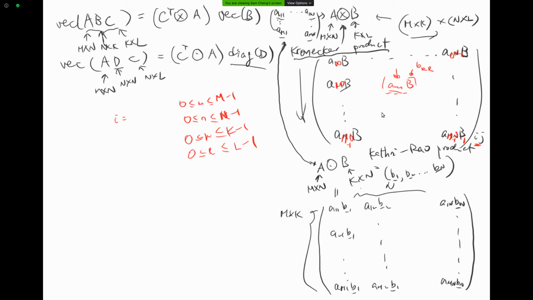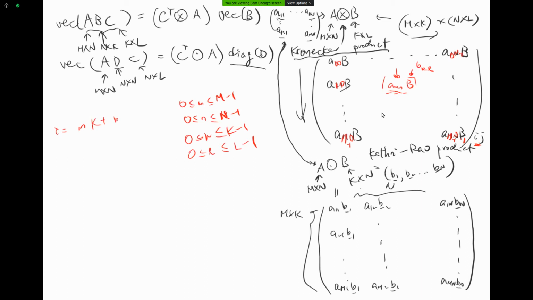And basically that i should be equal to, it's quite easy to see, m times k plus small k, right?